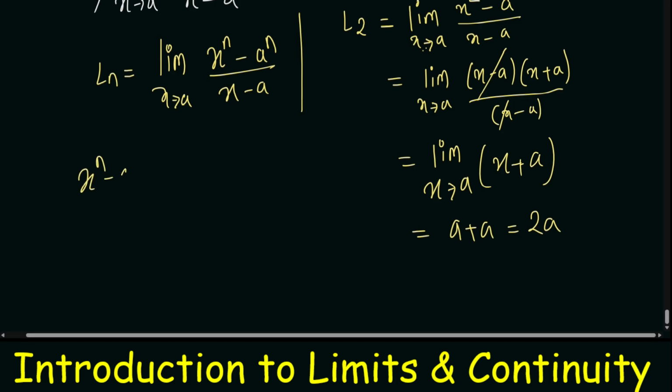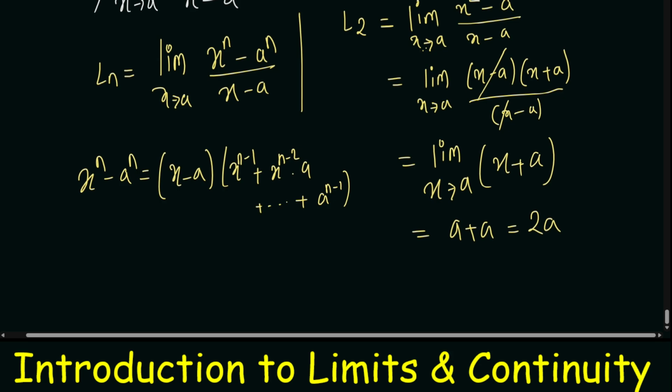If you know the factorization of x to the power n minus a to the power n, this simply gives you x minus a whole into, now this whole thing can be broken down like this. First of all, we need x to the power n minus 1, and the next terms basically decrease like this: x to the power n minus 2 into a, and at the end you have a to the power n minus 1.